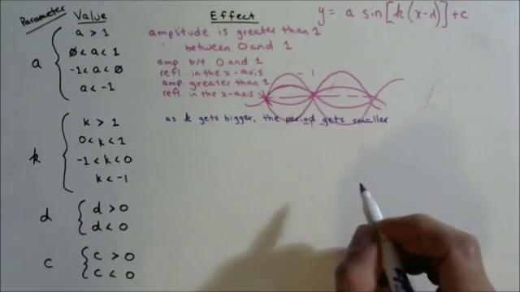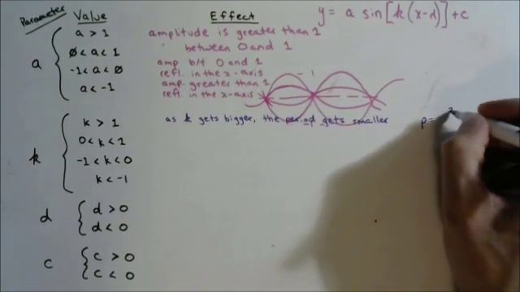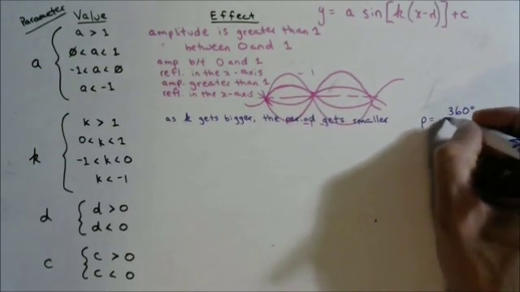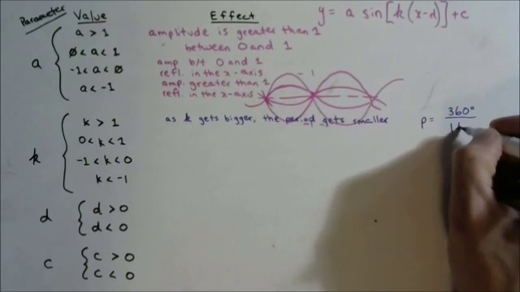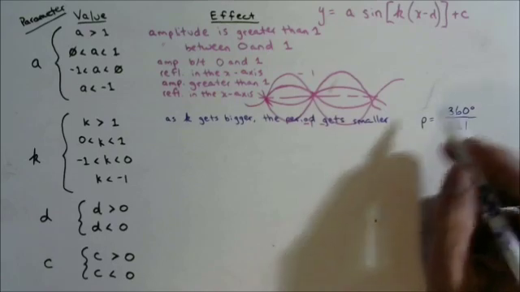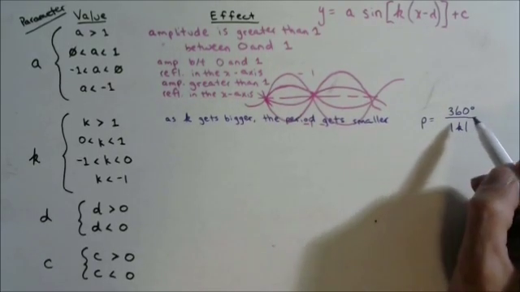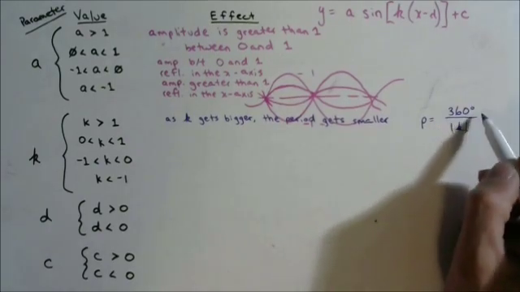Well, the relationship between period length and k is p equals 360 degrees over the absolute value of k, and we'll typically just use k in this little formula. But what that means is that the typical period length is 360 degrees, right?